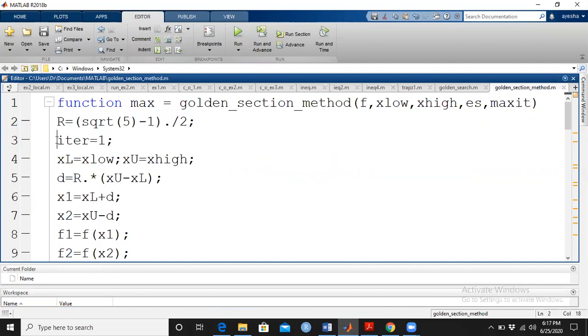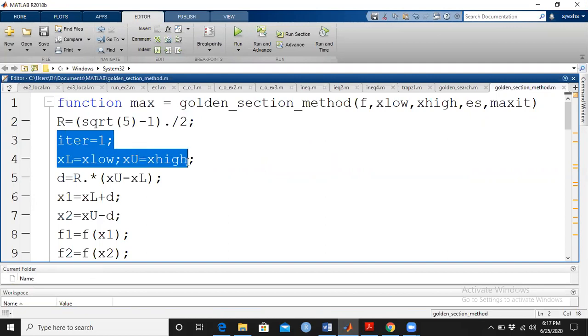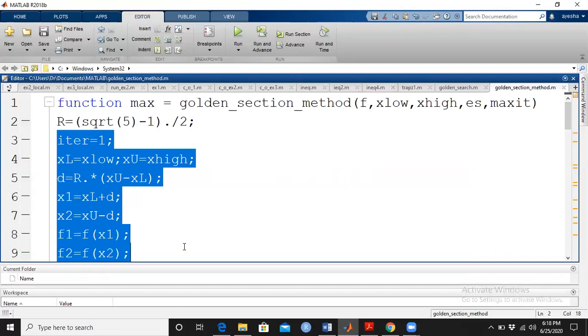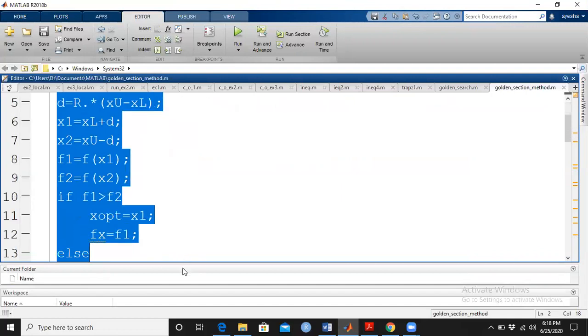And here for the first iteration, I'm taking the lower value of X, I'm taking the upper value of X. Then as we have defined, or let's say Stephen C. Chapra has defined in his book, the formula D. We will follow the same pattern. This M file is nothing but just an algorithm version of the same method. That's the golden section search method. So you can see the functional values at these 2 points.